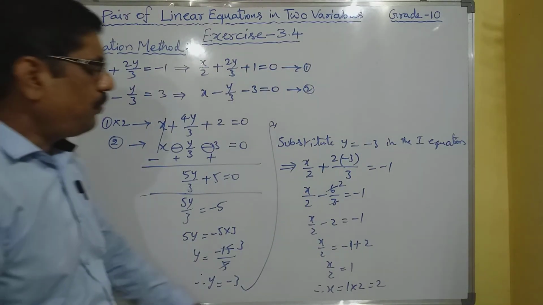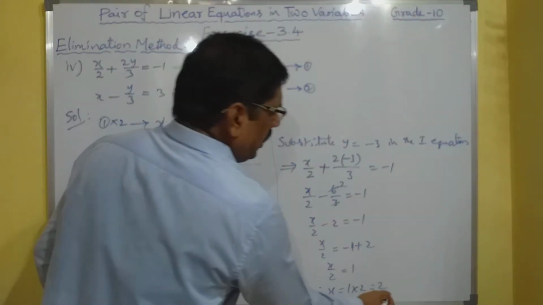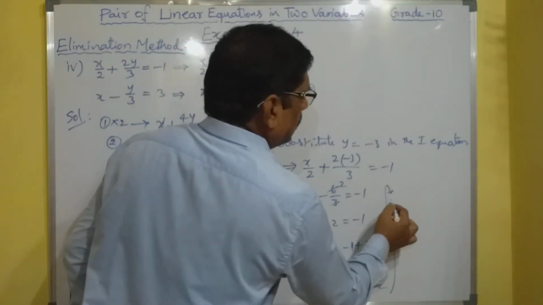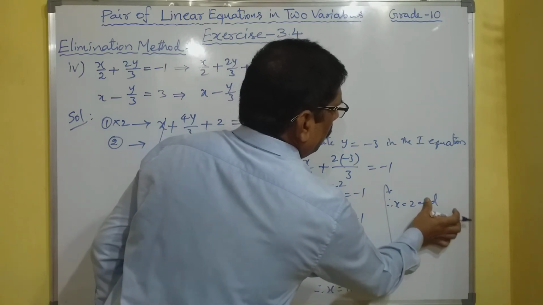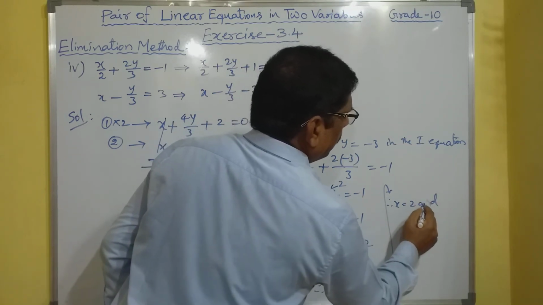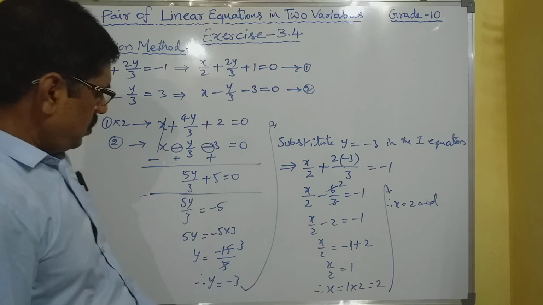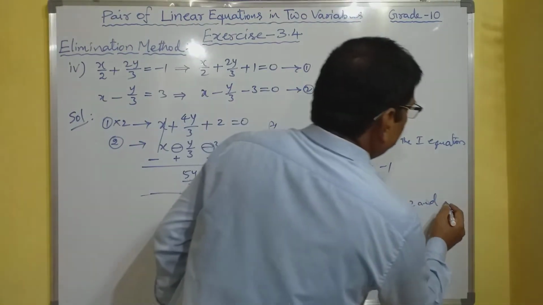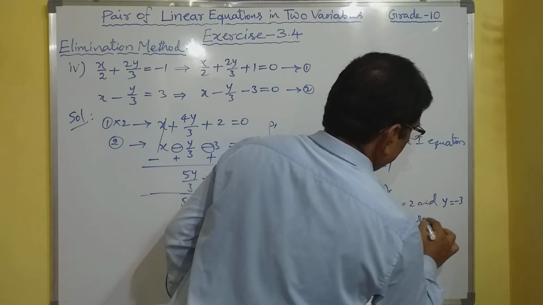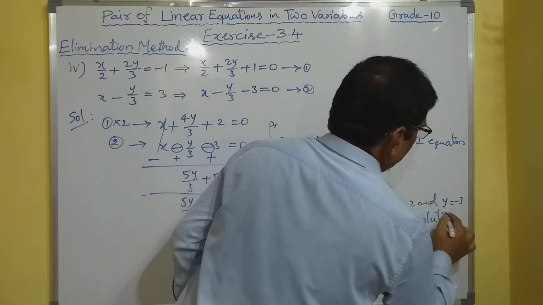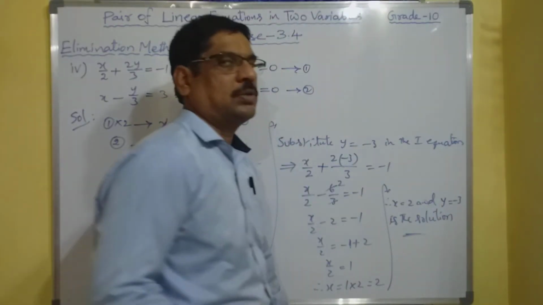Okay. Therefore, the x value is 2. Finally, let us write the solution here. Therefore, x is equal to 2. And what is the y value? y is equal to minus 3 is the solution of the given pair of linear equations.